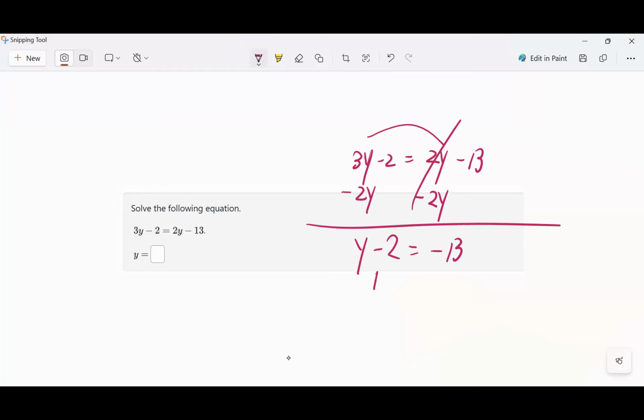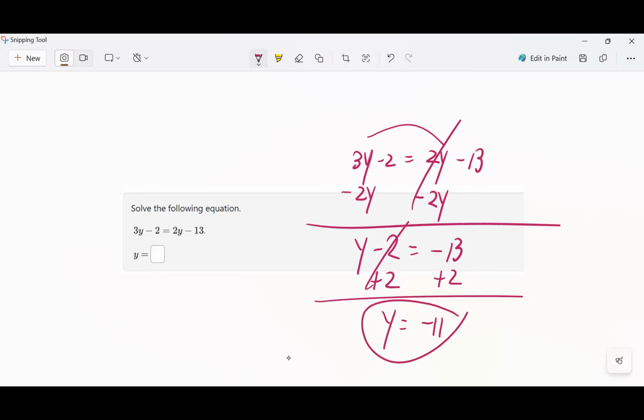Now using the addition property, adding 2 on both sides of the equation, y equals 2 minus 13, which is minus 11. So the answer should be minus 11, but we can quickly check it just to make sure it's a good answer. So let's do 3 times negative 11 minus 2, we don't know yet, and 2 times negative 11 on the right. On the left, you get minus 33 minus 2.